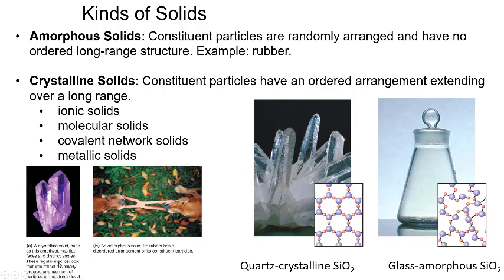And over here, amethyst, we can see a lot of our fine rocks and minerals carry a very crystalline ordered structure as well. Within these crystalline solids, we have four different types of structures that we can discuss: the ionic solids, molecular solids, covalent network solids, and metallic solids.